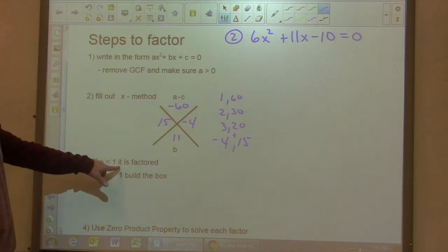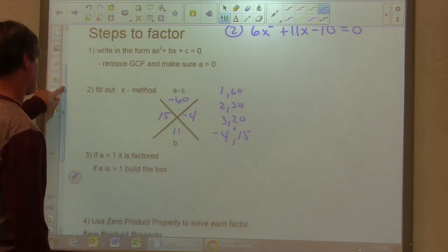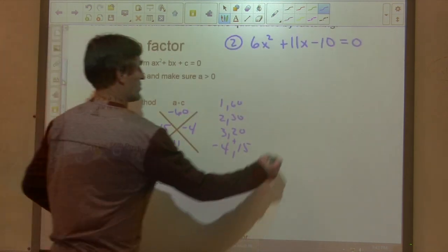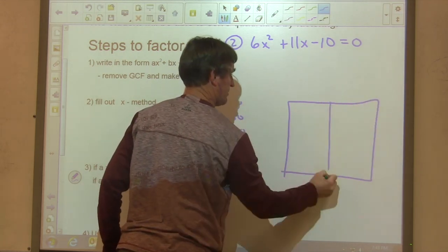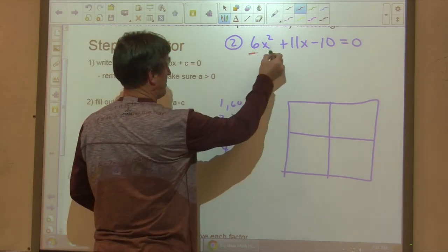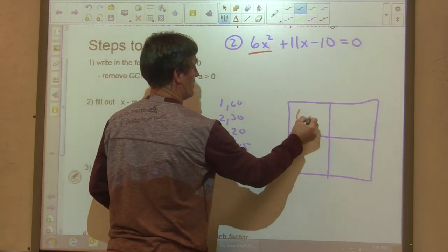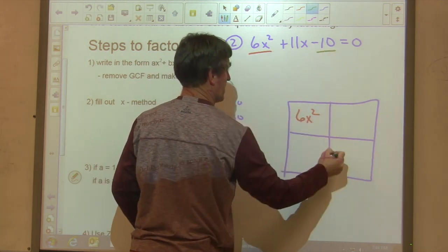So now I check, is A 1? No, it's not. So now I have to build the box. So let's go ahead and build the box right here. So again, first box, first term. Last term goes in the last box.